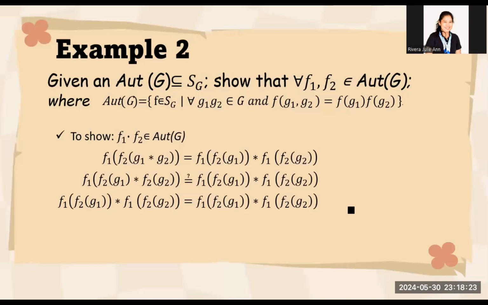So by composition of functions, we can say that for all f1 and f2 in Aut(G), the statement is true.